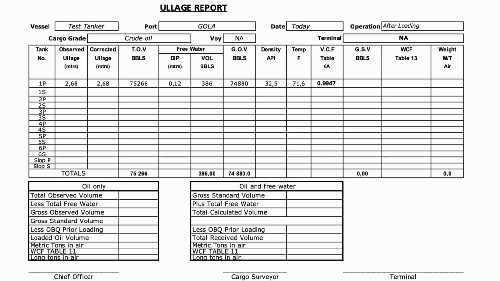Multiply the volume correction factor by gross observed volume. This is gross standard volume.